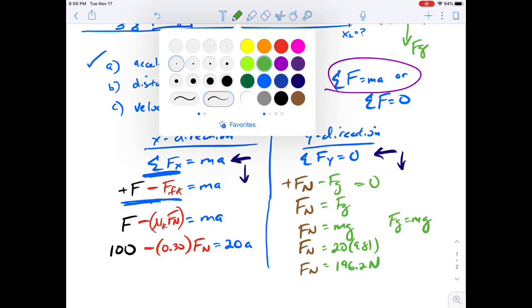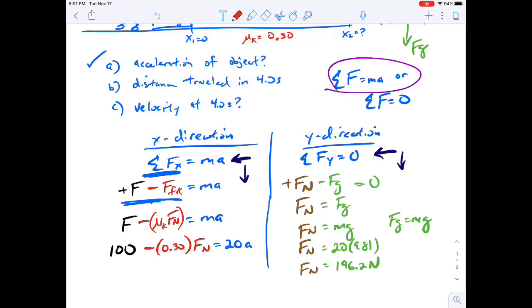And then I'm going to plug that in. So what I'm going to do is, you know, that Fn is really the red Fn that's over here in the friction. So I'll plug that in. We're going to say 100 minus 0.30 times 196.2 equals 20a. That's not a 20. That's a 20.